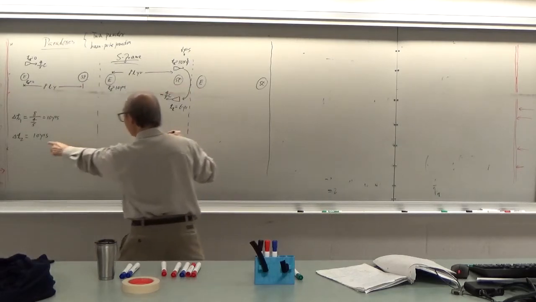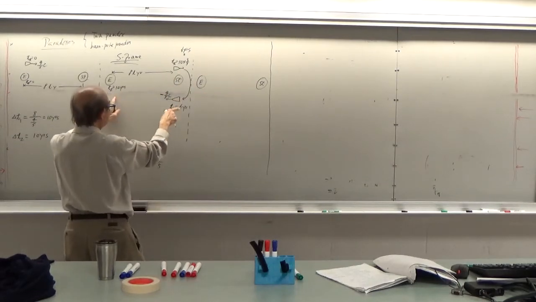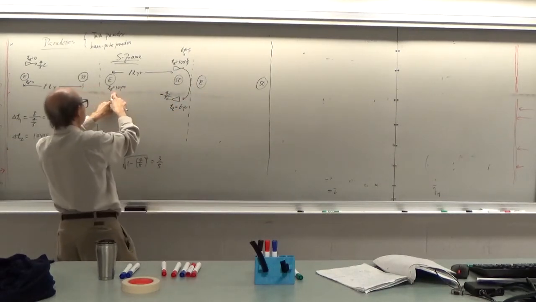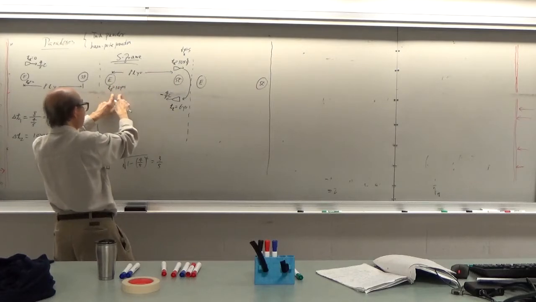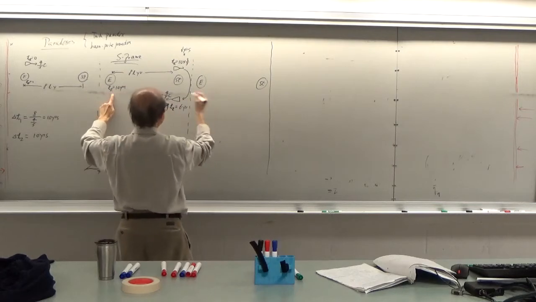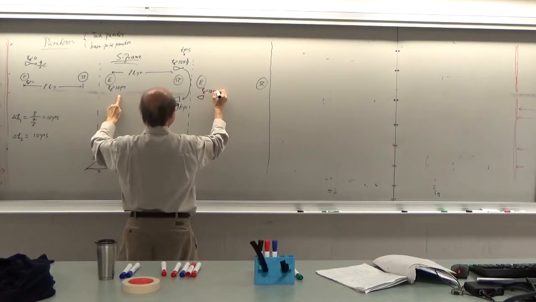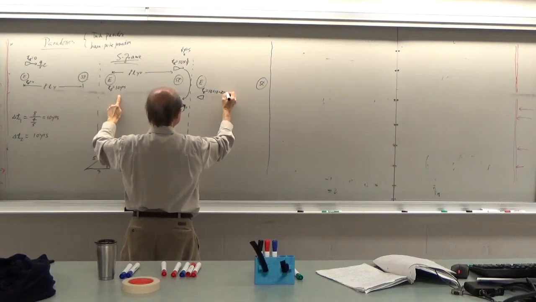So at the beginning of the second leg of the trip, the time reading of the clock on Earth is 10 years. It takes another 10 years for the rocket to get back to Earth, so the time reading of the clock on Earth would be 10 plus another 10, that would be 20 years.